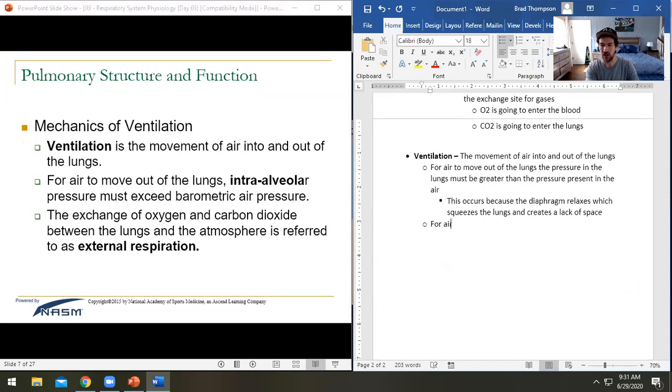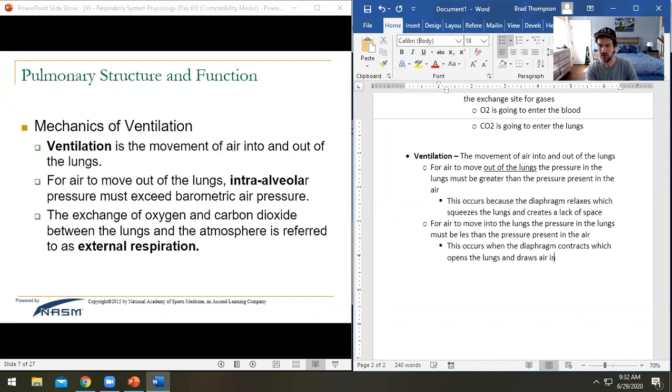And then for air to move into the lungs, and actually I'm going to underline these, the pressure in the lungs must be less than the pressure present in the air. This occurs when the diaphragm contracts, which opens the lungs and draws air in.